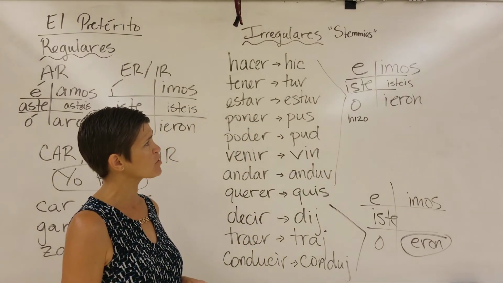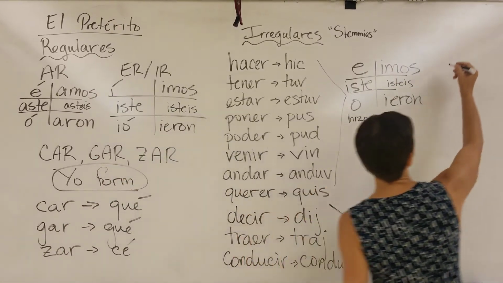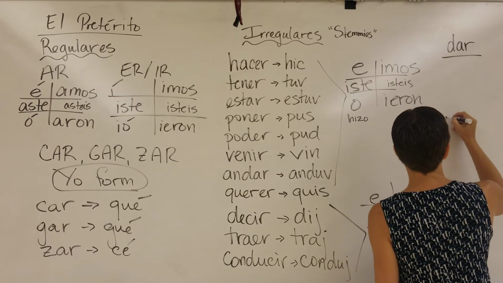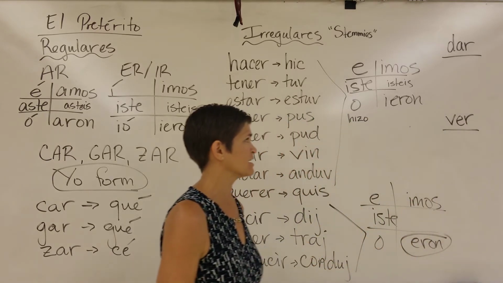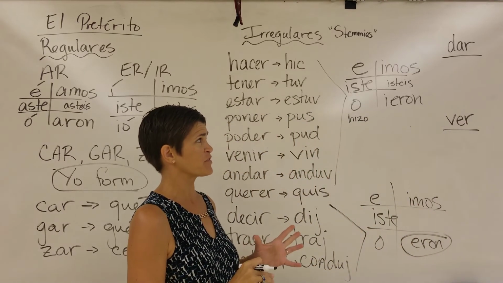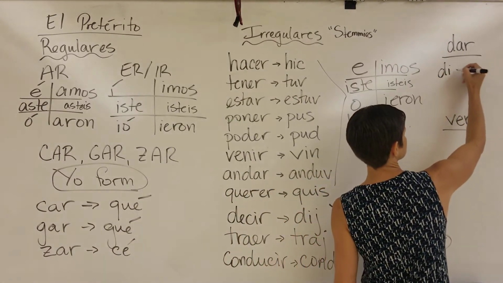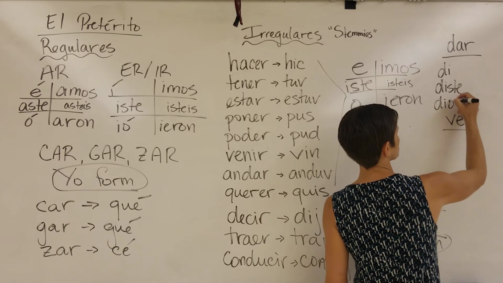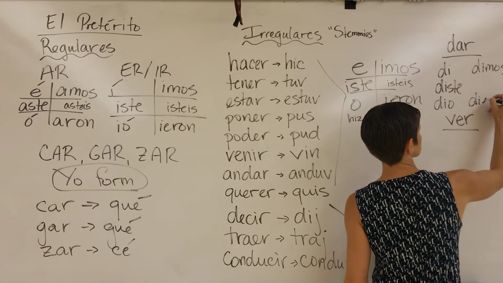All right, a couple more irregulars that you just have to kind of memorize, if you remember, are dar, to give, and ver. They're both very similar. They have exactly the same endings. So it's di, diste, dio, dimos, dieron.